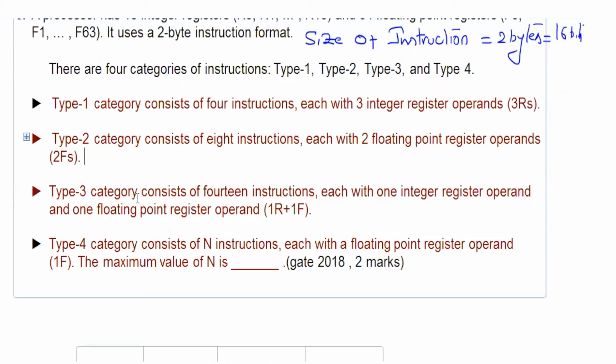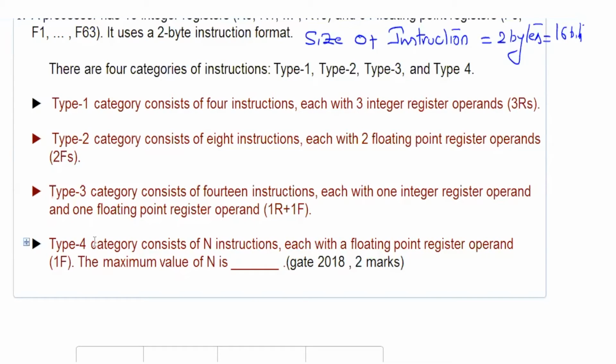When it comes to type 3, there are altogether 14 instructions, and these have 1 integer register and 1 floating point register operand. That means in type 3, in addition to the opcode, I have 1 integer register operand and 1 floating point register operand.